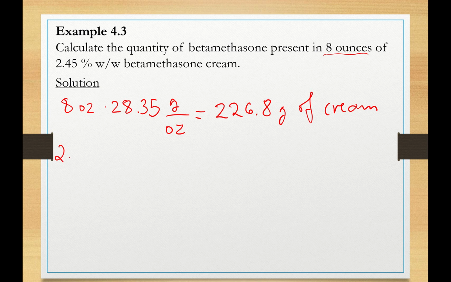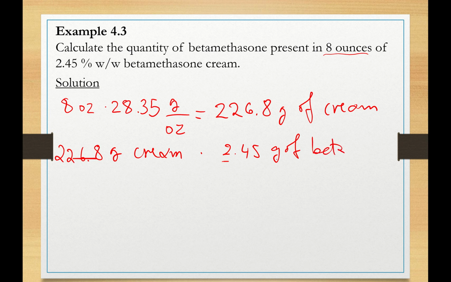And then I can just multiply that cream times the 2.45% weight per weight, so that's grams of betamethasone over 100 grams of cream.